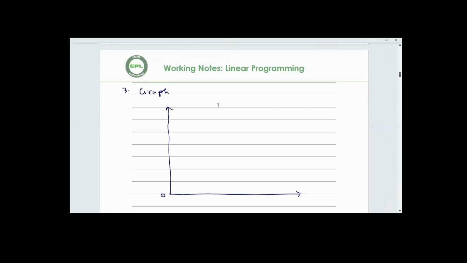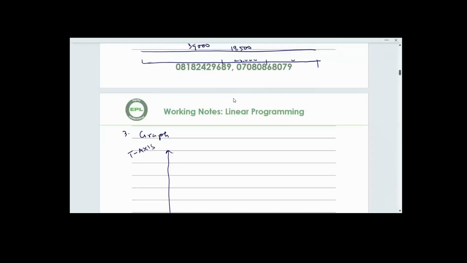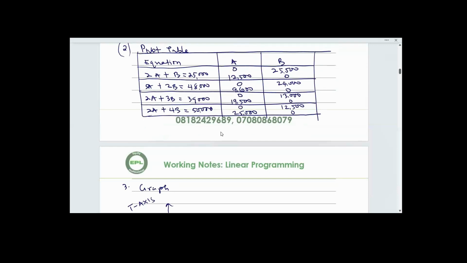Now, let's say this is the T axis, the horizontal, say this is the K axis.